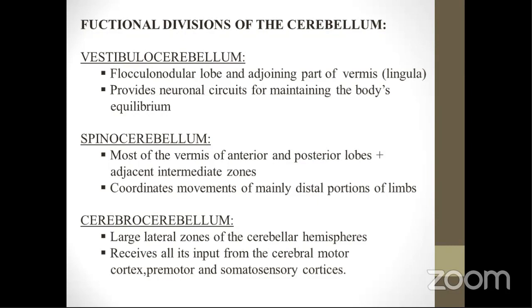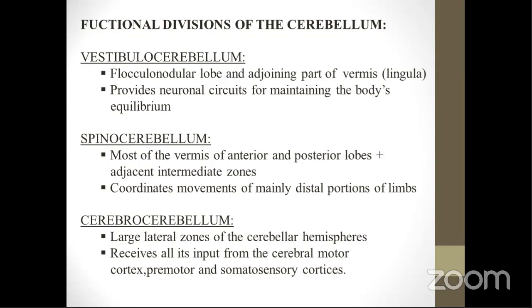The second part is the spinocerebellum. This is most of the vermis of the anterior and posterior lobe and the adjacent intermediate zone. This is the middle part of the cerebellum and it mostly coordinates the movement of the distal portions of the limbs. The third one is the cerebrocerebellum, which is the lateral part of the cerebellar hemisphere.